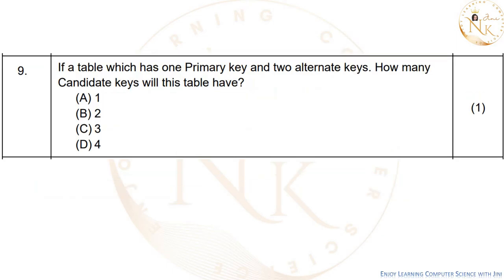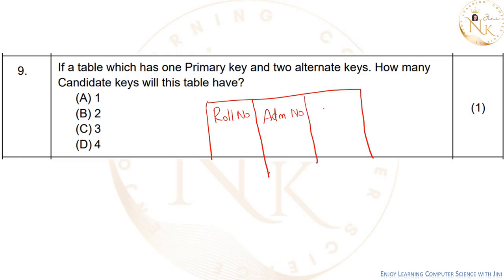If a table has one primary key and two alternate keys, how many candidate keys will this table have? So what is a candidate key? Suppose you have a table: roll number, admission number, maybe Aadhaar number, then name of the students and so on.